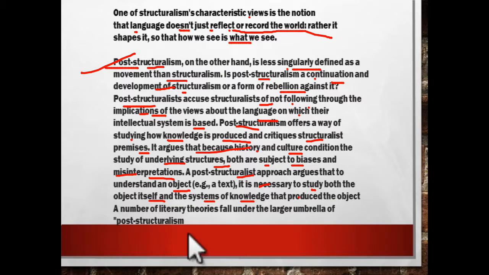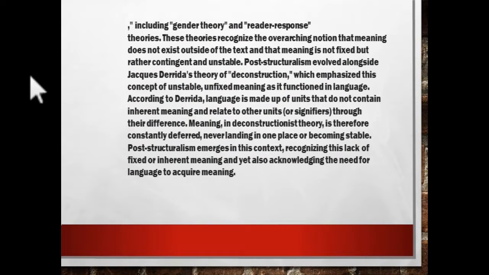A number of literary theories fall under the larger umbrella of post-structuralism, including gender theory and reader response theories. These theories recognize the overarching notion that meaning does not exist outside the text, and that meaning is not fixed but rather contingent and unstable.